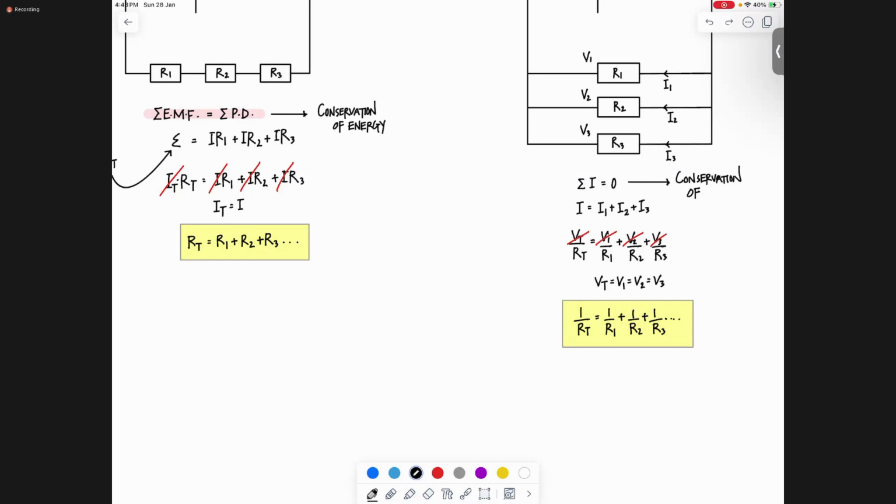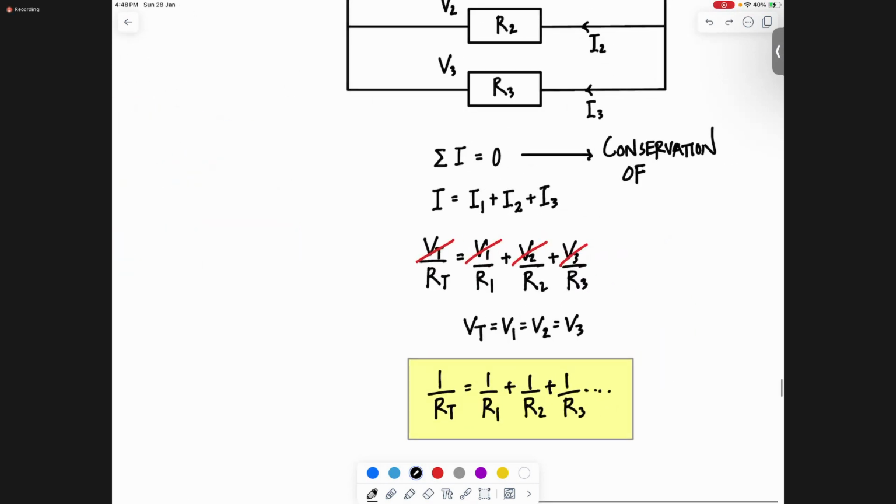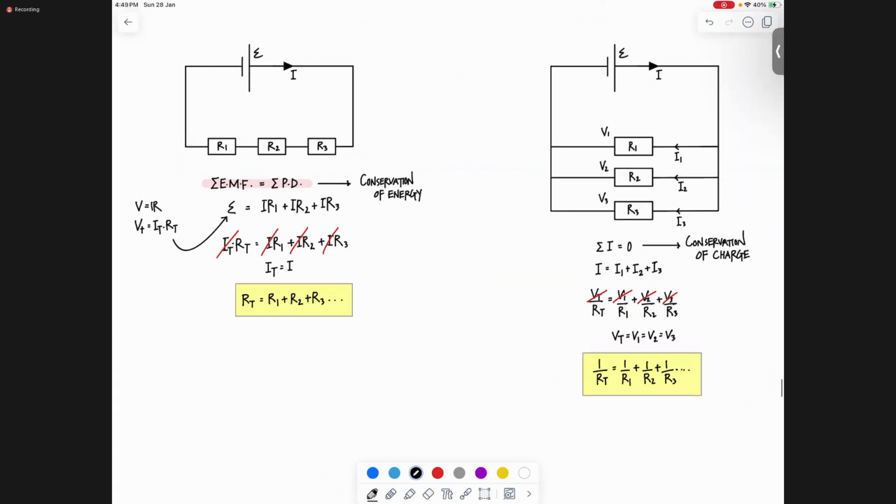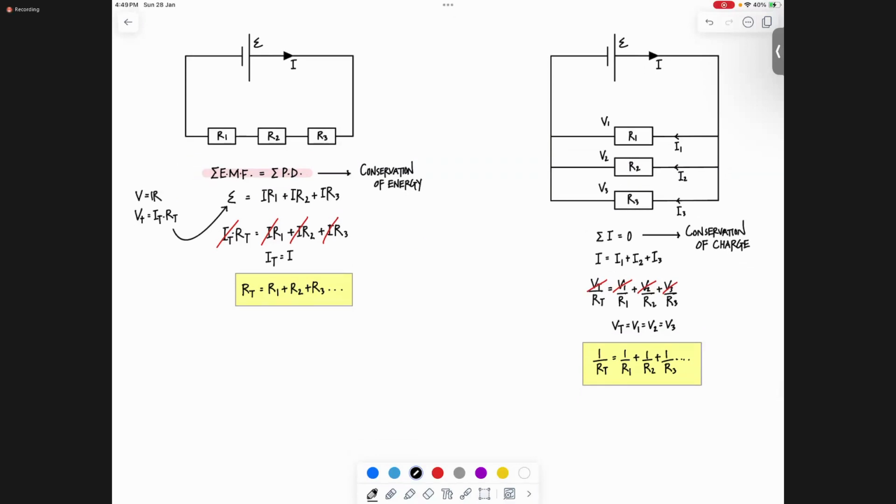Yeah, it's fine, but it's only for how many resistors? 2, right? Normally in AS we do get more than 2, so sticking to this form is better. Right, there you go, the two derivations.